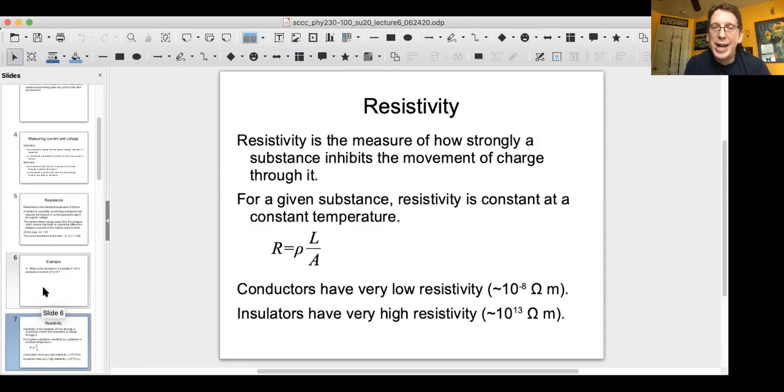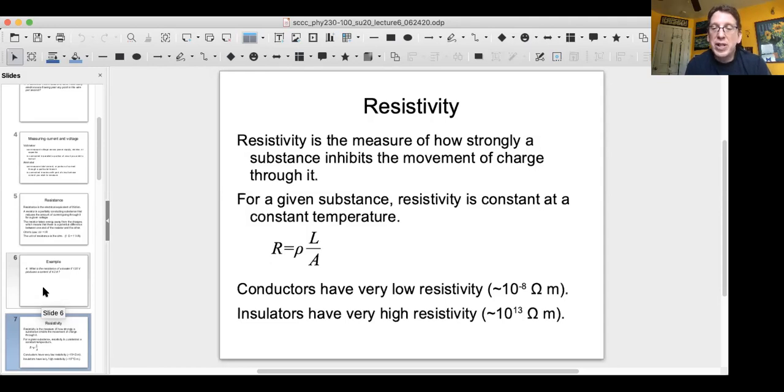But the wider the resistor is, the more opportunity there is for more electrons to pass through at the same time, and that decreases the resistance. So resistance varies directly with length and inversely with cross-sectional area. And there's a proportionality constant involved called the resistivity.